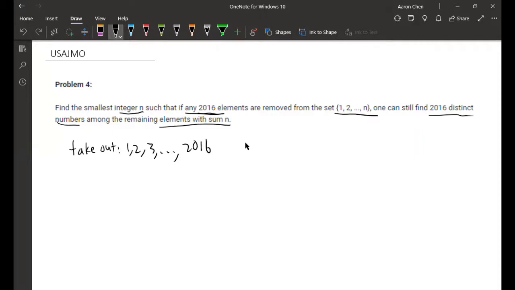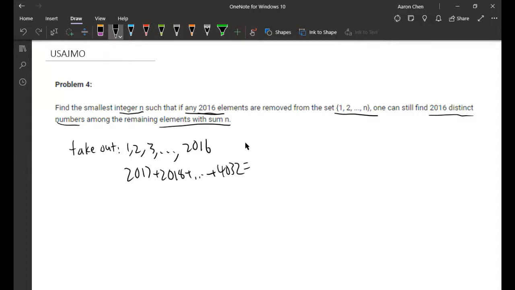And so what that means is that the minimal possible sum among these numbers is 2017 plus 2018 all the way to plus 4032.